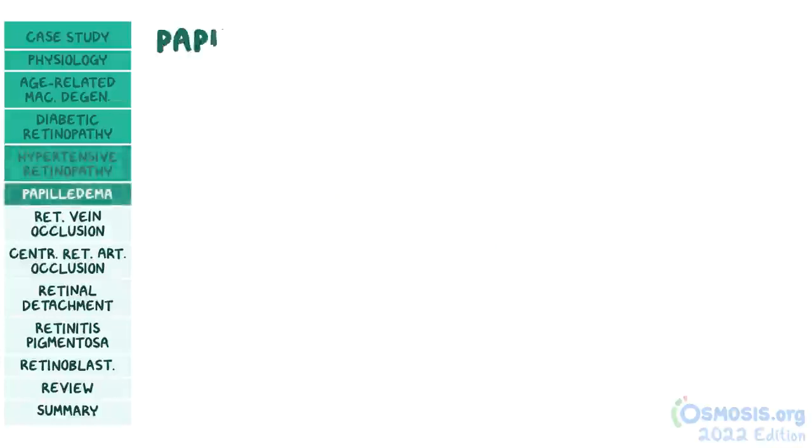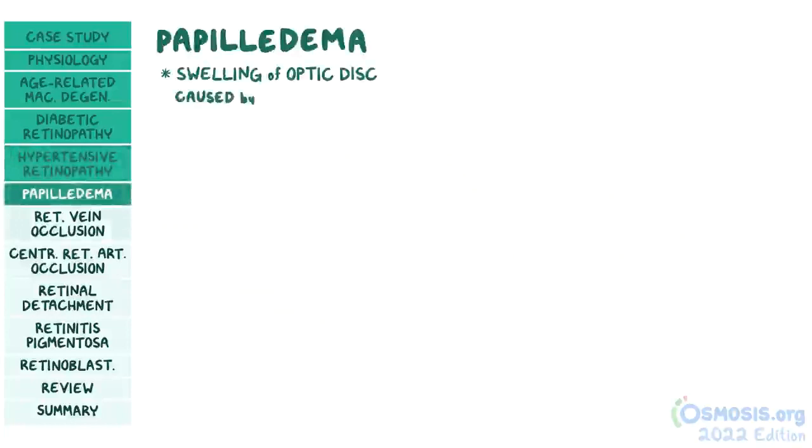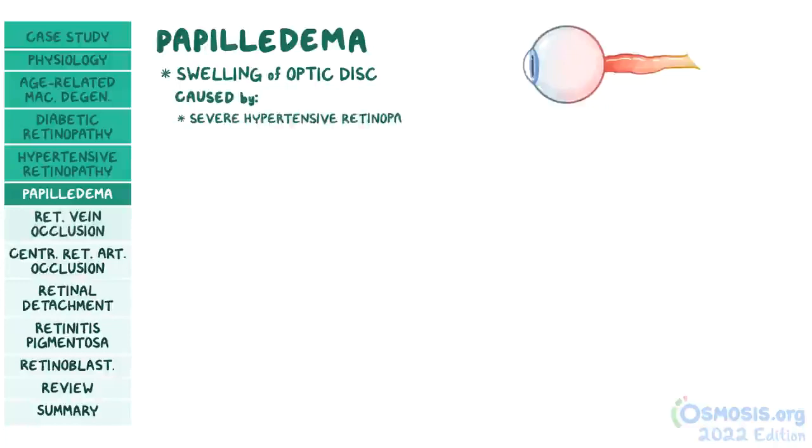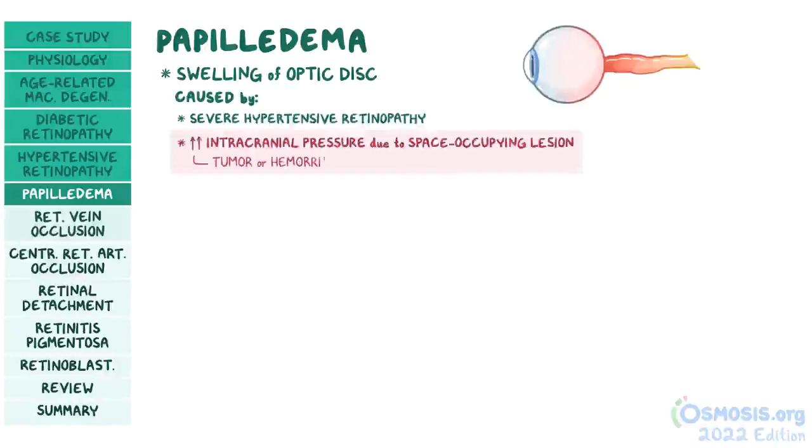Moving on to papilledema, which refers to swelling of the optic disc. This is classically caused either by severe hypertensive retinopathy or by increased intracranial pressure due to a space-occupying lesion, such as tumor or hemorrhage. Symptoms include blurring, flickering, or even complete vision loss.